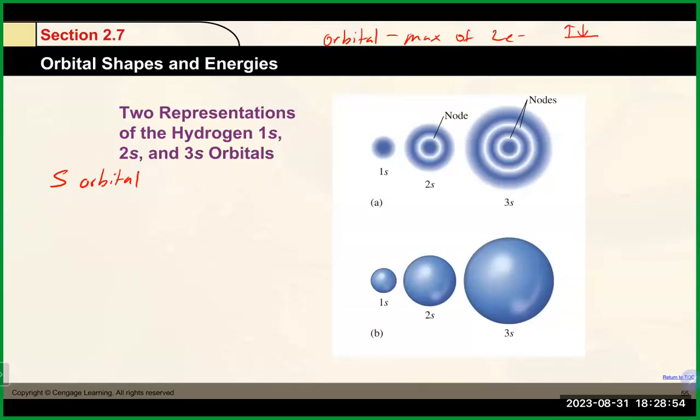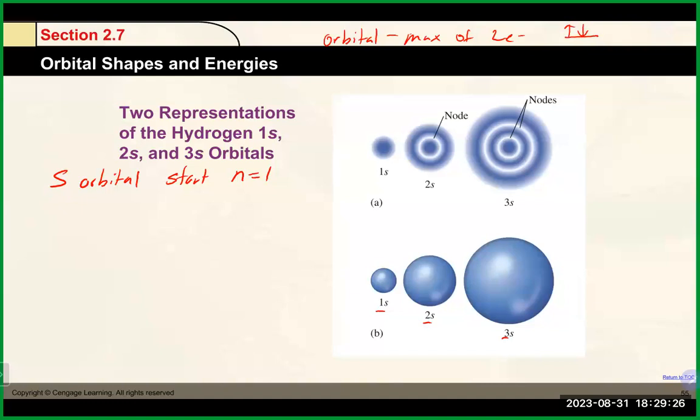So s orbitals actually do start at the very first place, the n equals 1, or the first energy level. There are s orbitals on every energy level: the first, the second, the third. And as you can see here, as it goes from the first to the second to the third, and that is what those numbers represent, the energy levels, it just gets larger to accommodate all the electrons that are present.